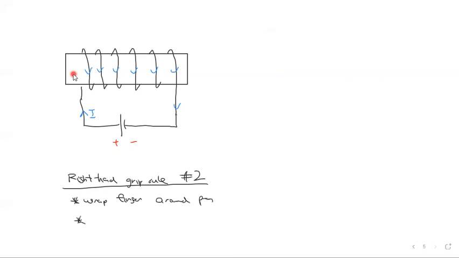The pen here would represent the cylinder in the middle that the wires wrap around, and your fingers are representing the current direction. So in this case, your fingers would be wrapping forward like so.